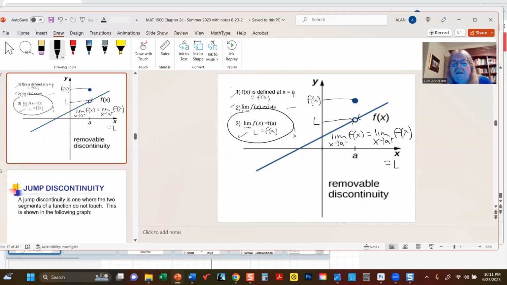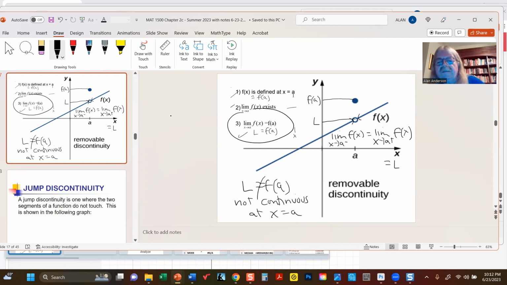Right there. L, as you can see from the graph, does not equal f of a. So therefore, this function is not continuous at that point. Now you can see it's continuous everywhere else, but it's not continuous there. That's the reason. It's number 3. That's the holdup.